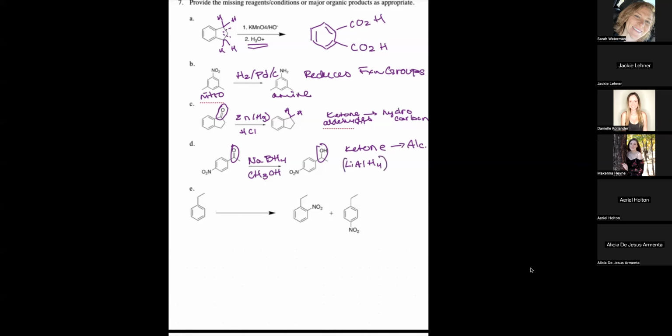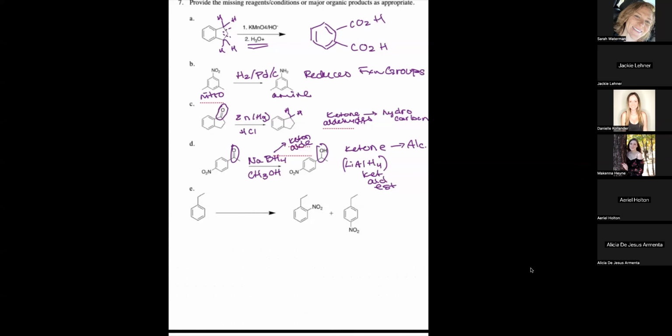The difference here is that this one will do ketones and aldehydes, whereas this one will do ketones, aldehydes, and esters. That's the difference between the two. So either one of these would be correct. It's a reducing agent, going from some sort of ketone, aldehyde, or ester to an alcohol in particular.